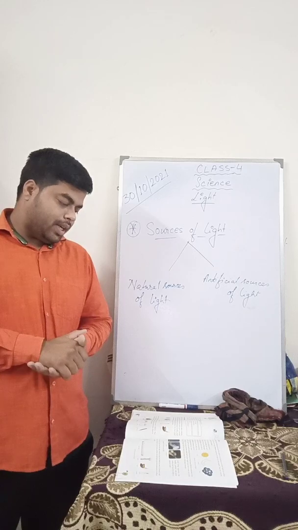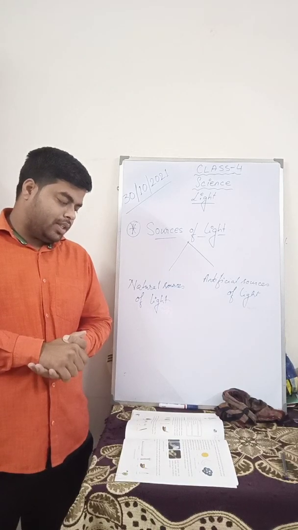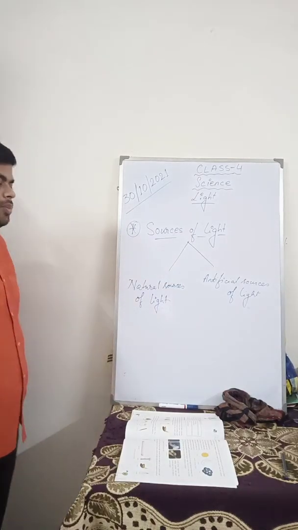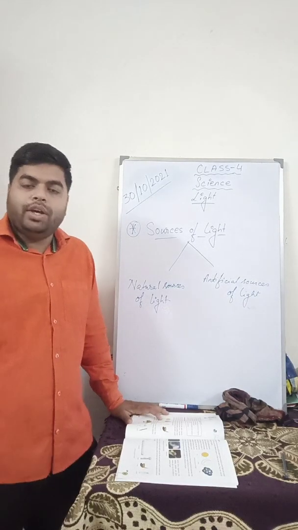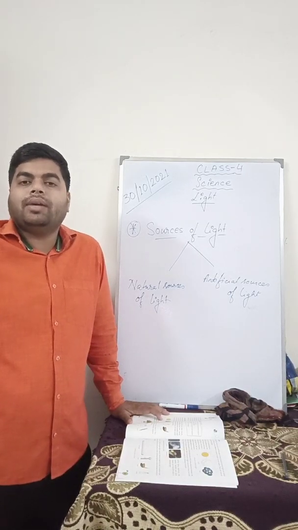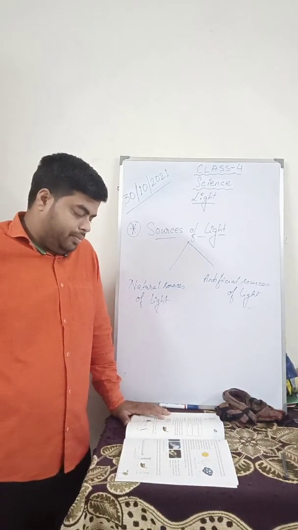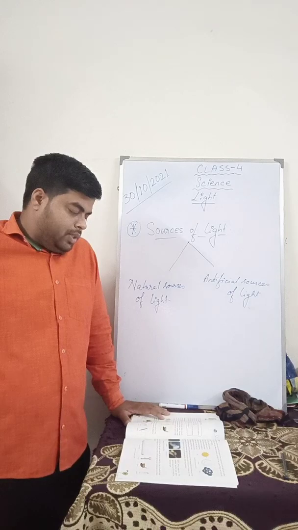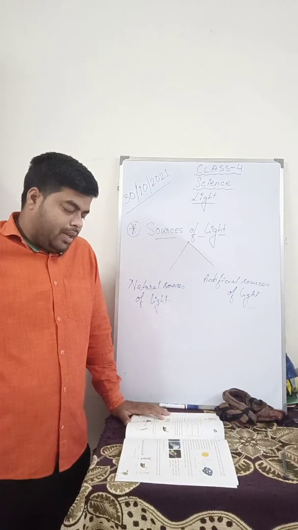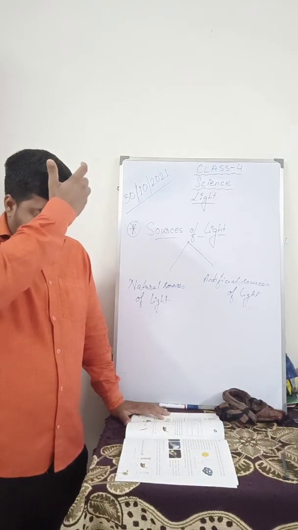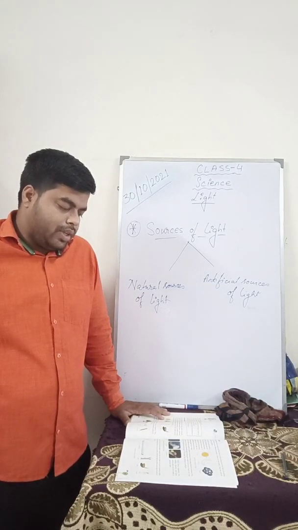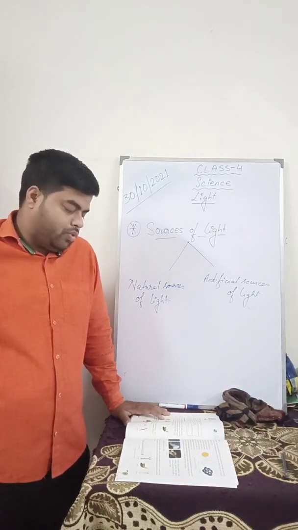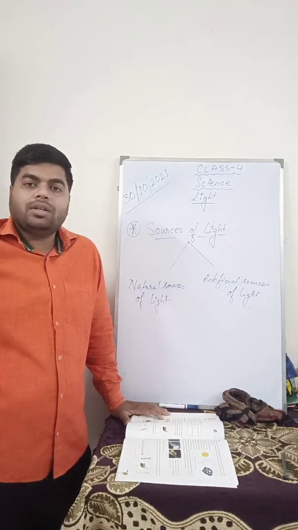The moon and the stars are other examples of natural sources of light. These are sources from where we get light, which is not made by humans. It is naturally created. Stars produce light, but a very small amount of it reaches the earth's surface because of the large distance between the earth and the stars.